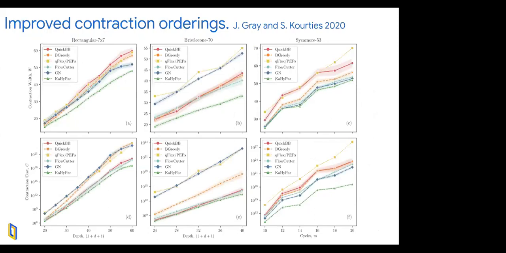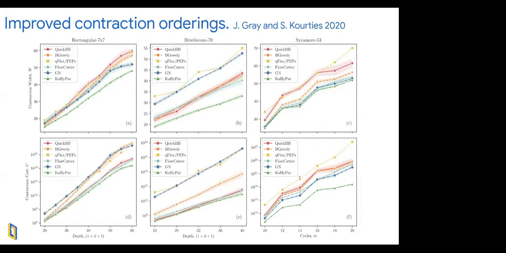There were some recent advances in doing this in a paper by Johnny Gray and Curtis. What they did is basically use some heuristics to find optimal tensor contraction orderings. They call it hyper-optimized tensor contraction.